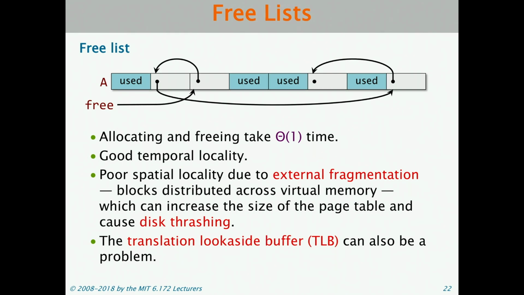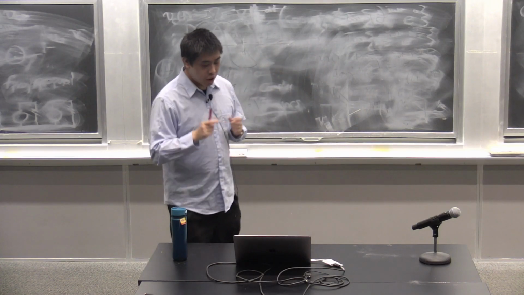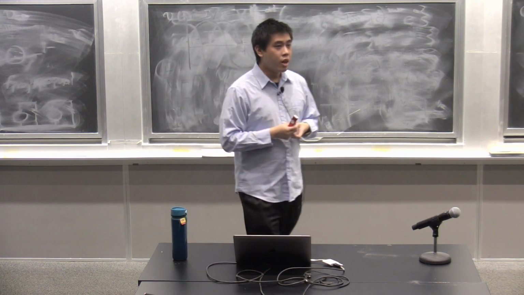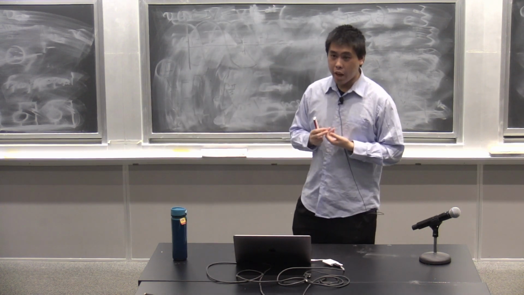It has poor spatial locality due to external fragmentation. External fragmentation means that your blocks of used memory are spread out all over the place in the space of all memory. And this can be bad for performance because it can increase the size of the page table, and it can also cause disk thrashing. If you recall, whenever you access a page in virtual memory, it has to do an address translation to the physical memory address.